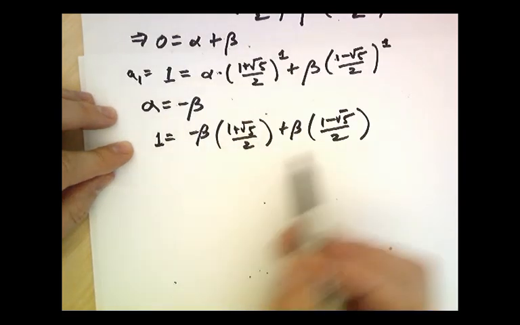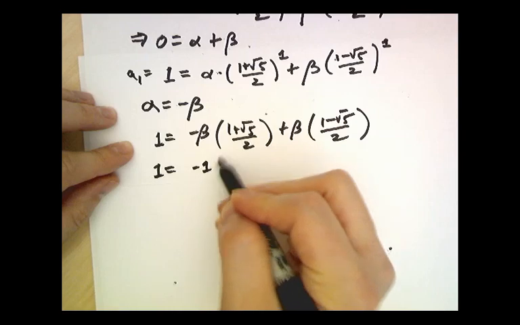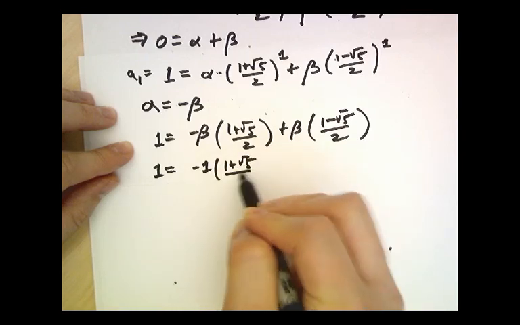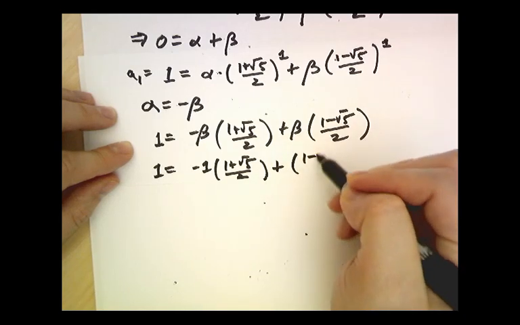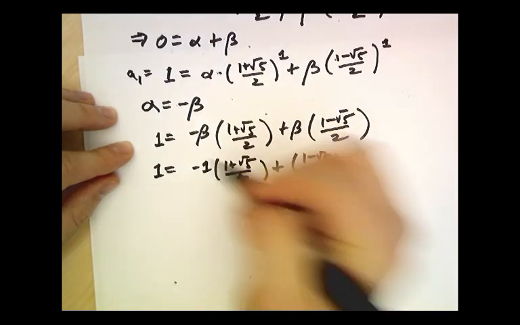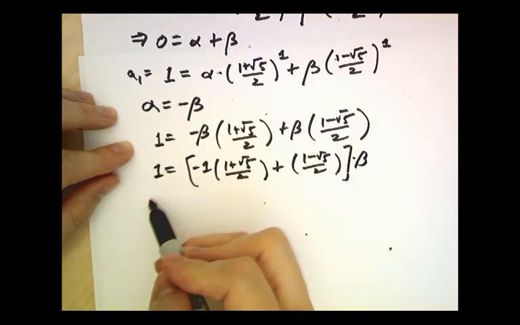Now we'll factor out the beta. 1 equals minus 1 times 1 plus root 5 over 2 plus 1 minus root 5 over 2, all of this times beta.